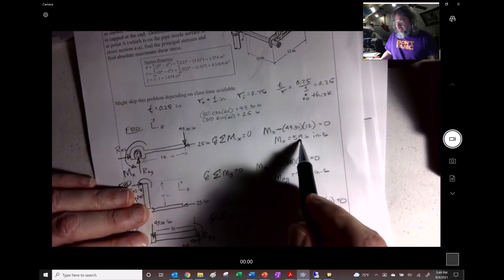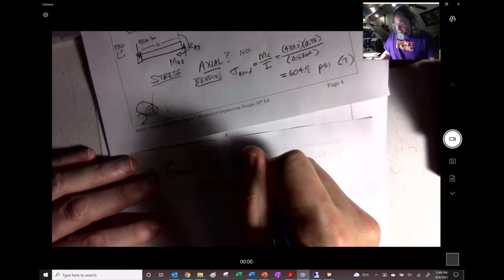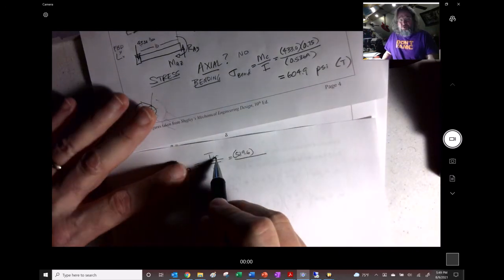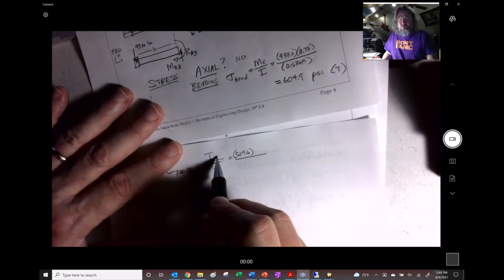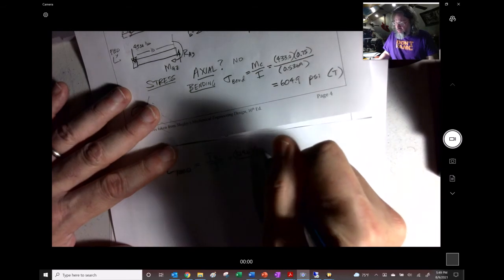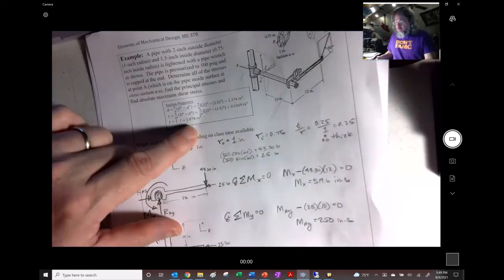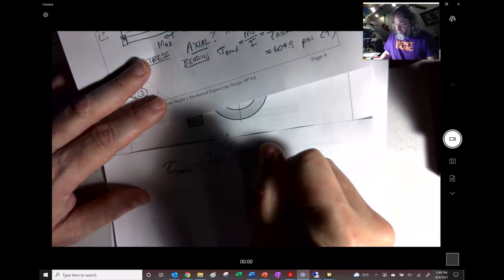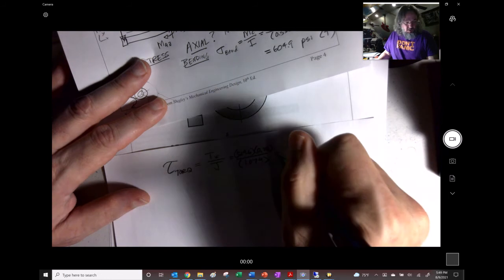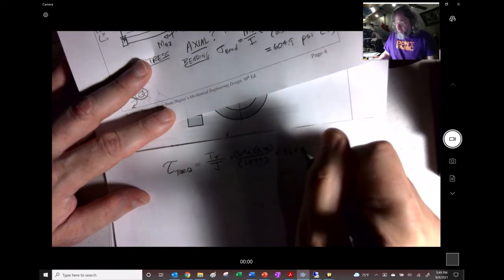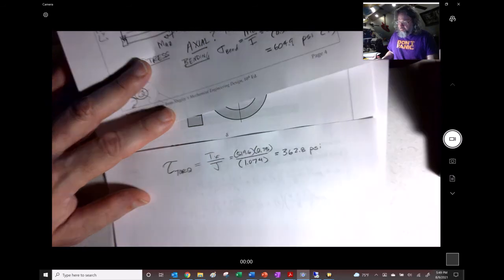So it's 519.6. But remember, this R is measured from the center to the point we care about, so it too is 0.75. And J was given up here as 1.074. So we get 362.8 psi.